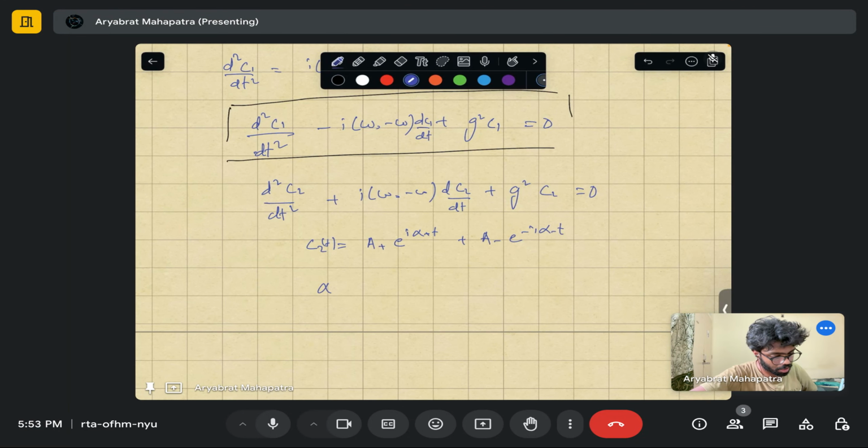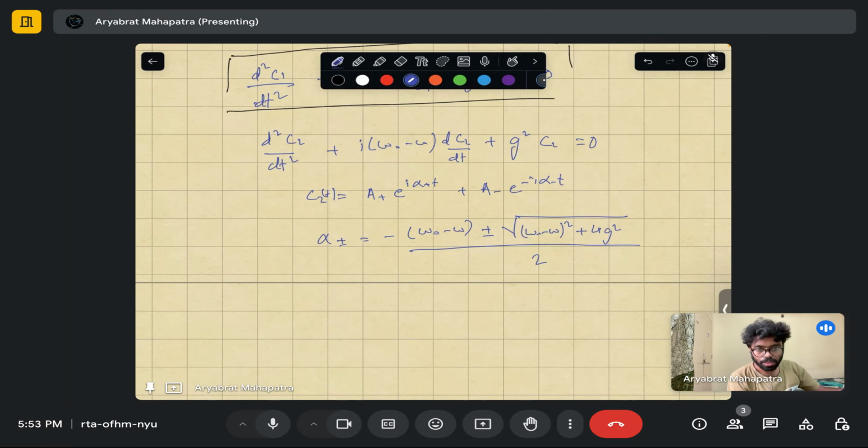Alpha plus and minus is given as minus omega of minus omega plus or minus the square root of omega minus omega square plus 4c square, over 2.